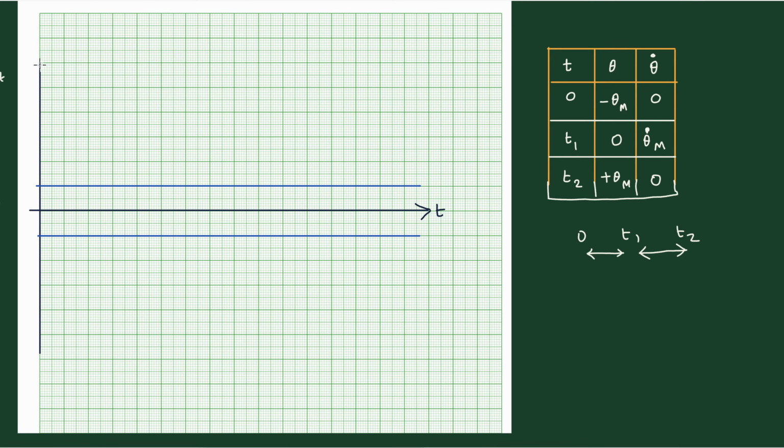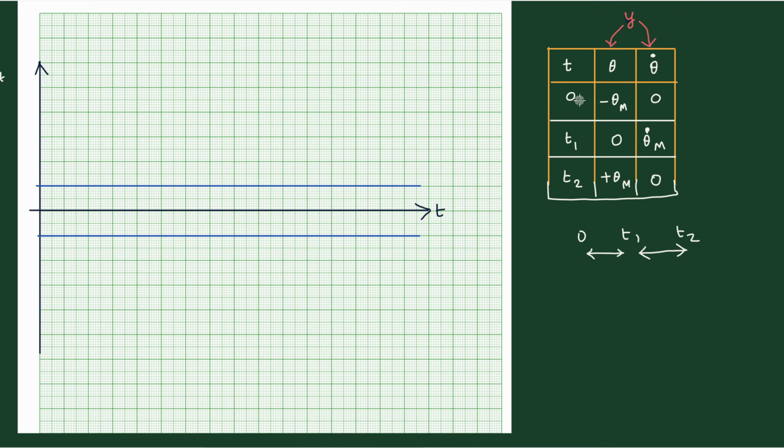And on the y-axis, there are two possible things. Let me write that y will be equal to possible values of y. Both of them are on the y-axis. You can have theta as one y-axis and you can also plot theta dot as another one. So you are going to show two plots on the same graph paper.